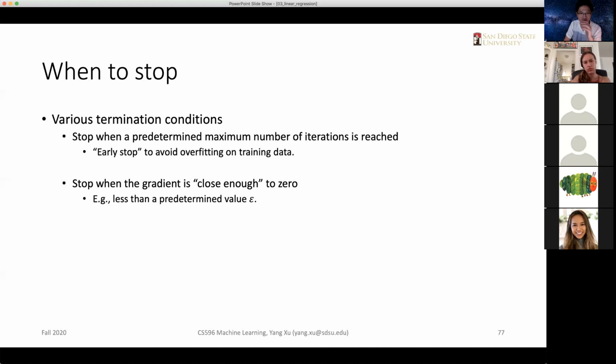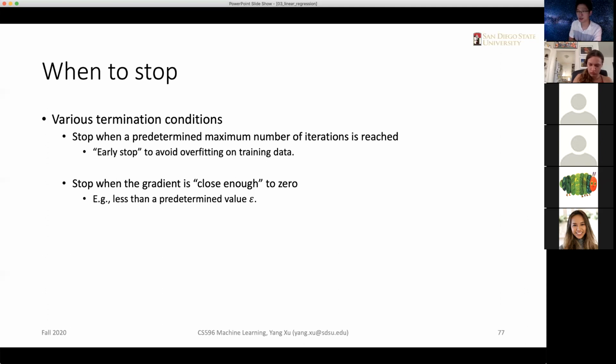Or we can stop when the gradient itself is close enough to zero. Recall the shape of the quadratic function. When we reach the minimum point, the bottom of a quadratic function is very smooth. It's nearly a flat line, right? That means the gradient near that minimum point is also 0.